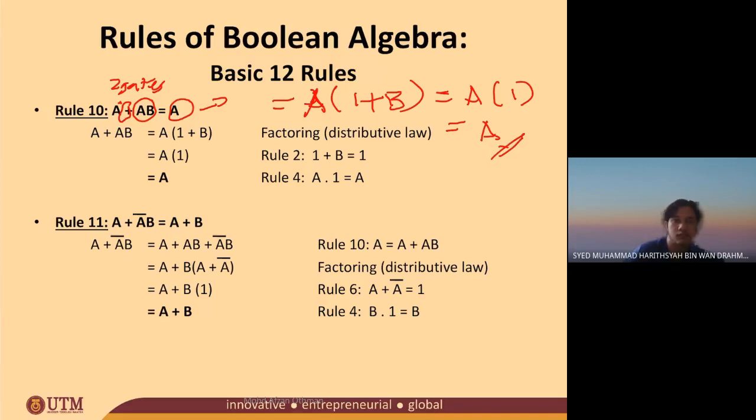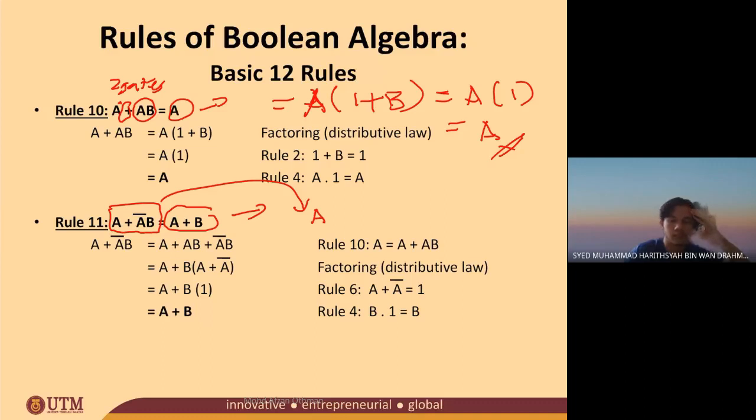Rule number 11, A plus A bar B is equivalent to A plus B. How do we get this A plus B? So, A plus A bar B, actually you can expand A using rule number 6.